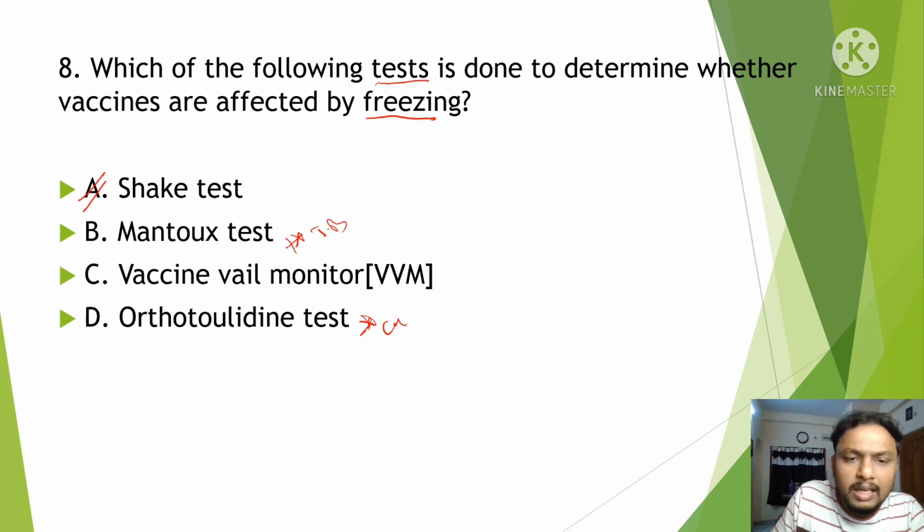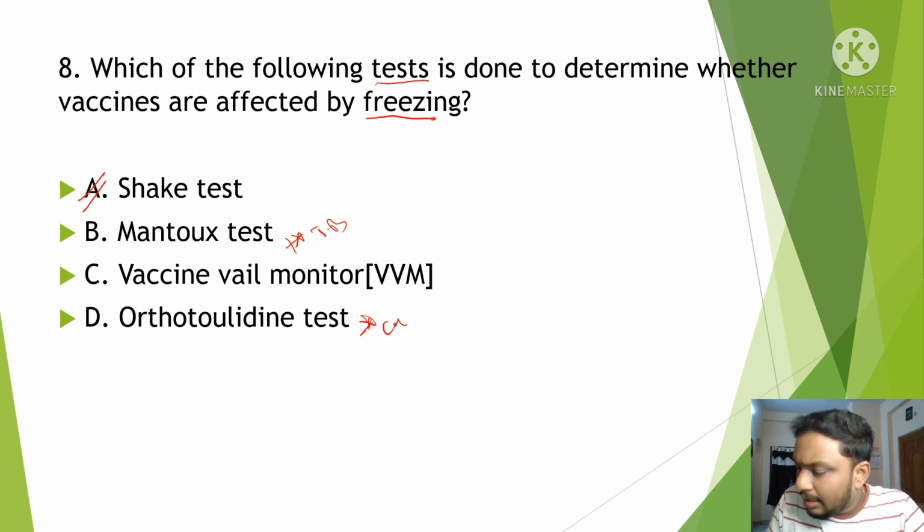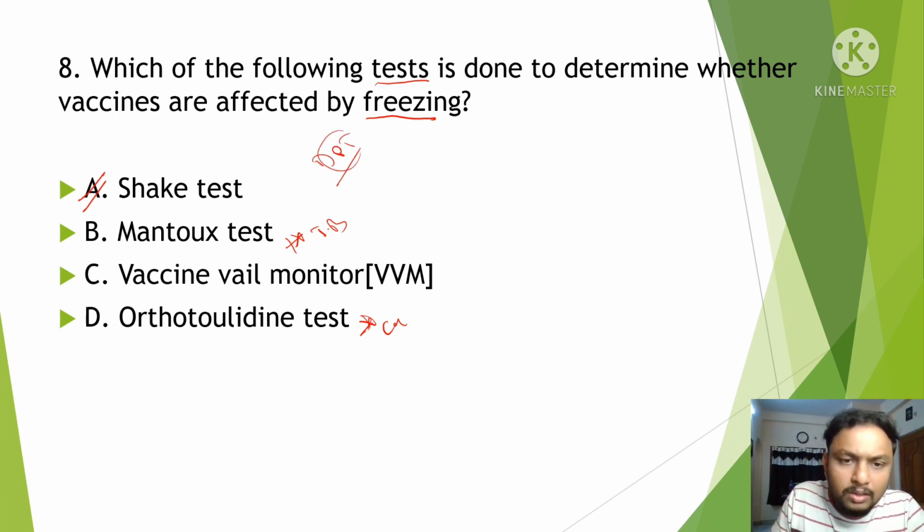After diluting, for example, you can write shake test for DPT. If you keep it at normal room temperature or below the freezer, suppose it got frozen, then what will happen?